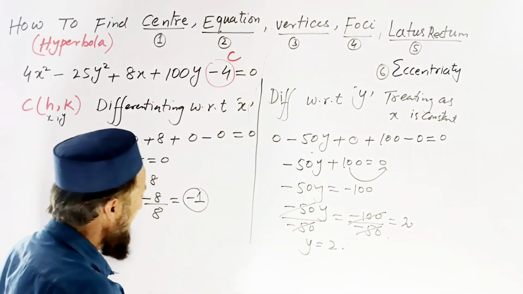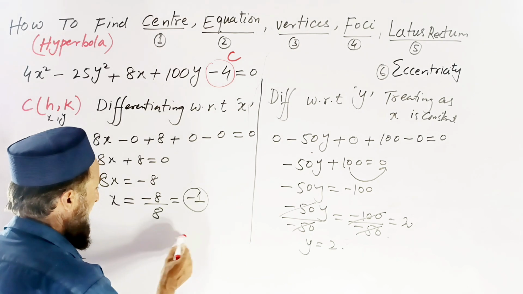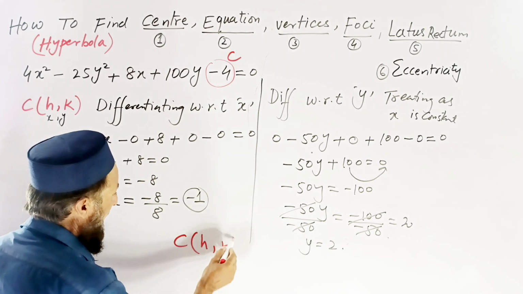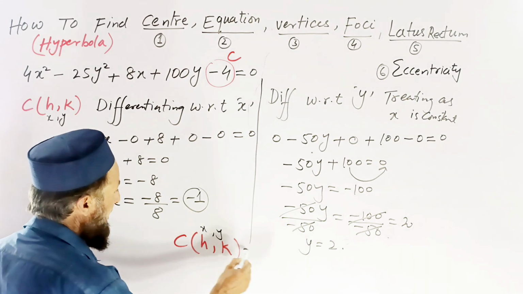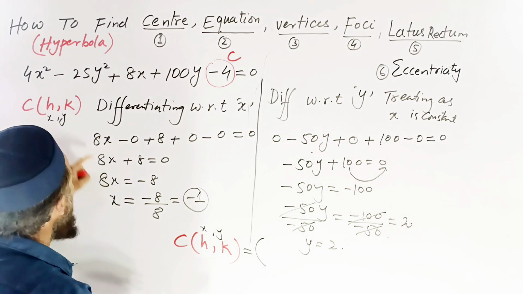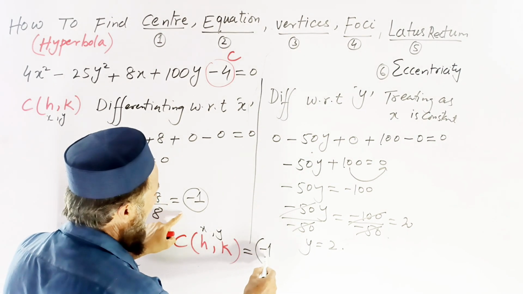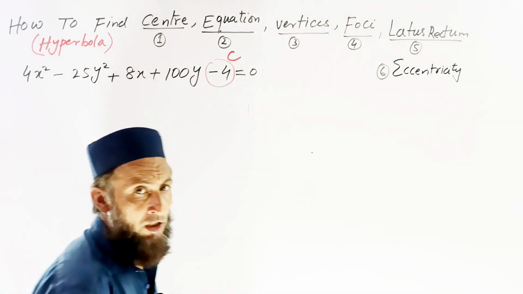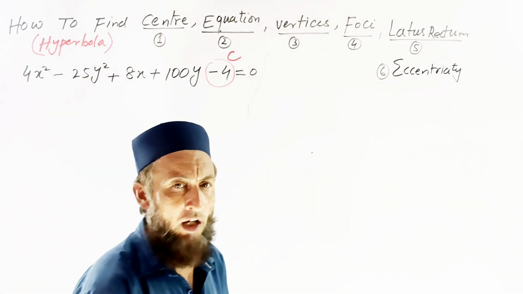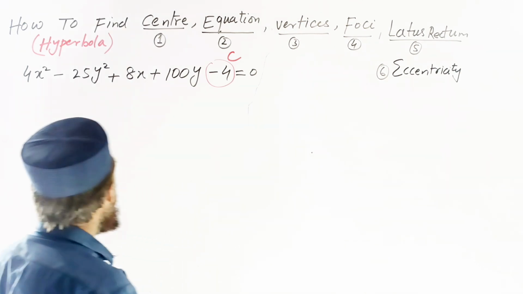So we have found the center (h, k), the values of x and y. The center is (-1, 2). That shows that the hyperbola is along the x-axis.